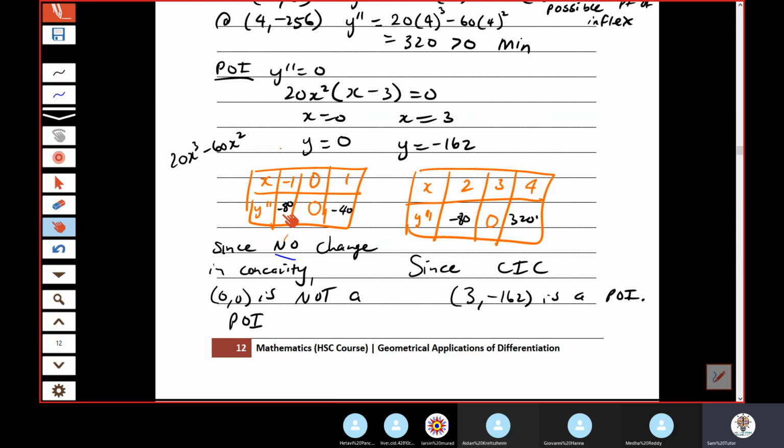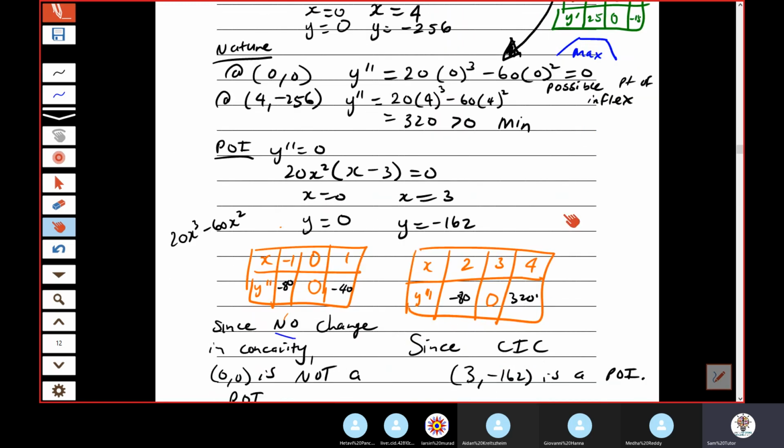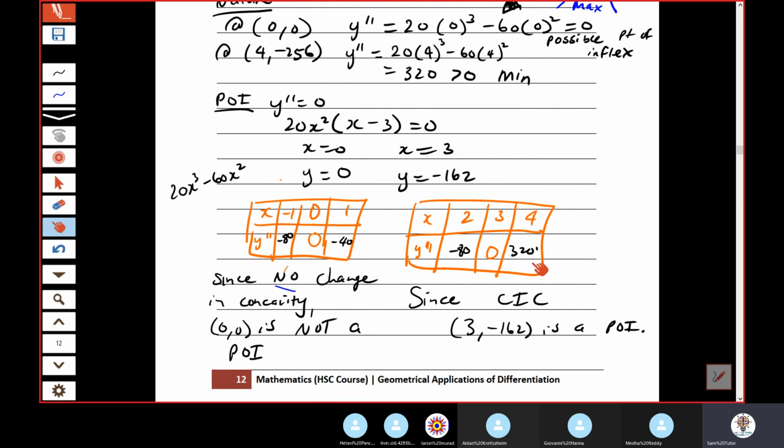So that there's no change. There's a negative and a negative, which means it's a maximum and a maximum. Which now we know is a maximum. But this one, there's a maximum and then a minimum, which means what? In between there had to be a stationary point. Exactly.